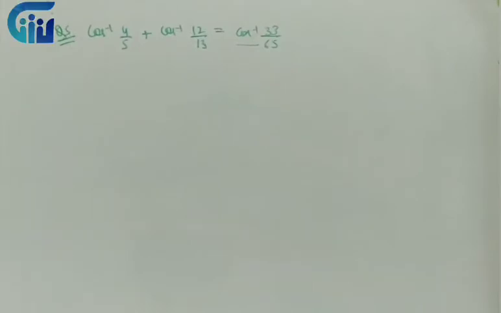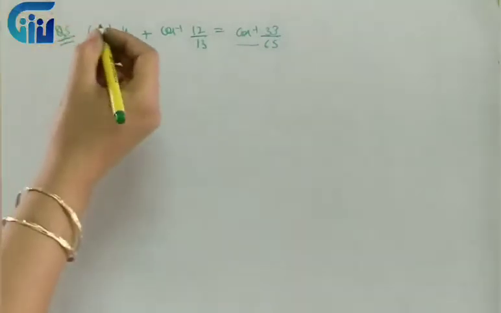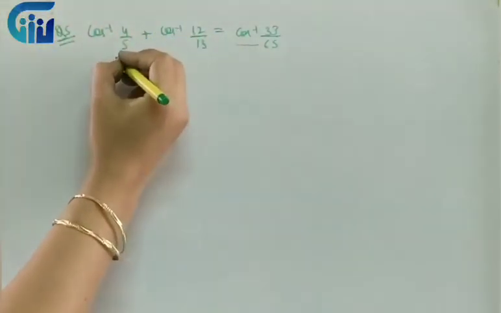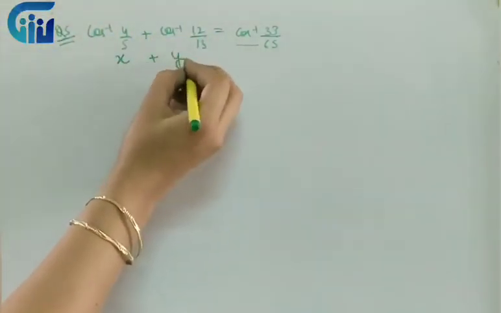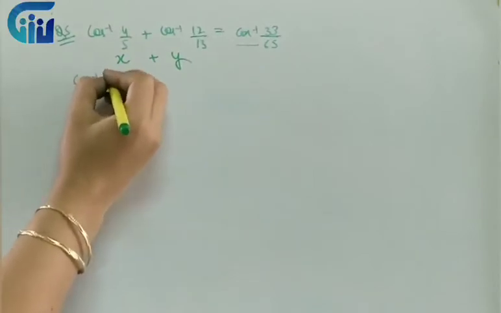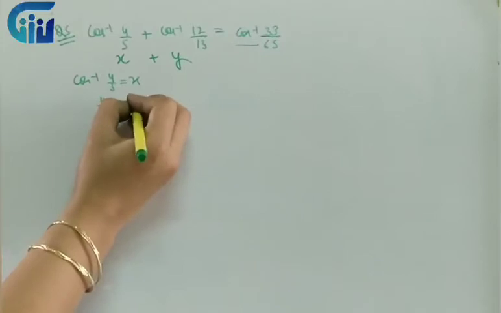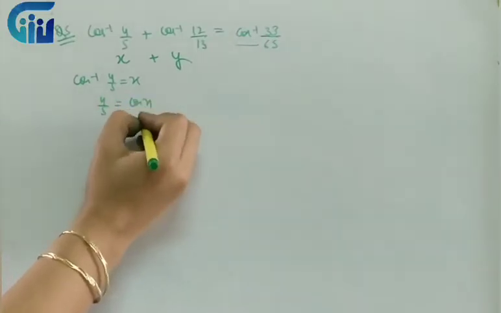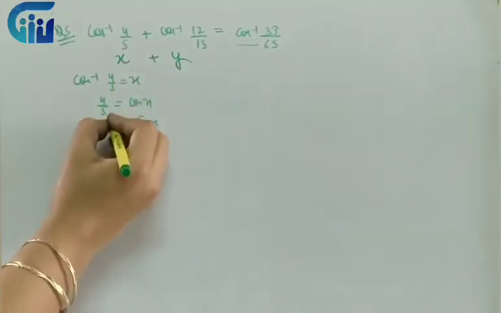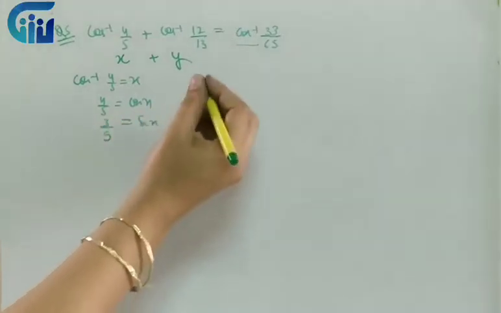So if I apply the method which I am going to tell you, you will be able to do it easily. Now, if we have cos over here, write this as x and this as y. So cos inverse 4 by 5 is x. So 4 by 5 is cos x. Can I find sin x from here? Yes, sin x will be 3 by 5.